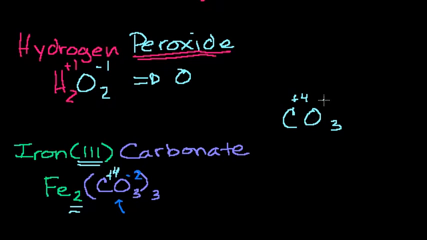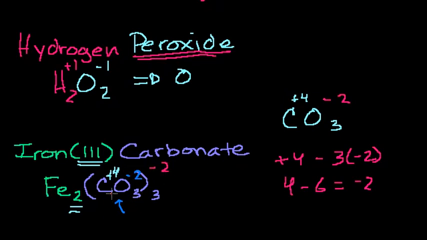Oxygen is more of a hog. Each oxygen has a -2. So let's think about it. I have +4 plus 3 times -2, right? I have 3 oxygen atoms. So I have 4 minus 6, which is equal to -2. So we can view it as the oxidation number for the entire carbonate molecule is -2.